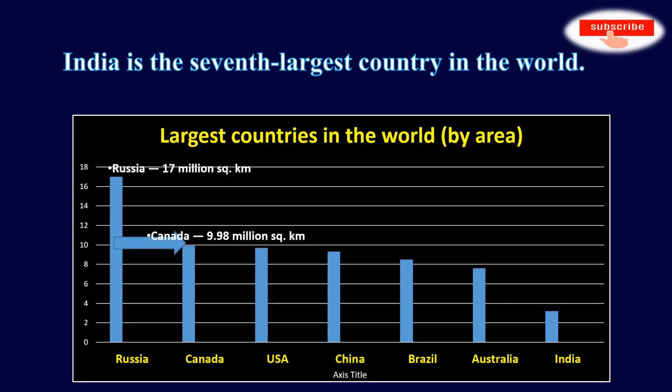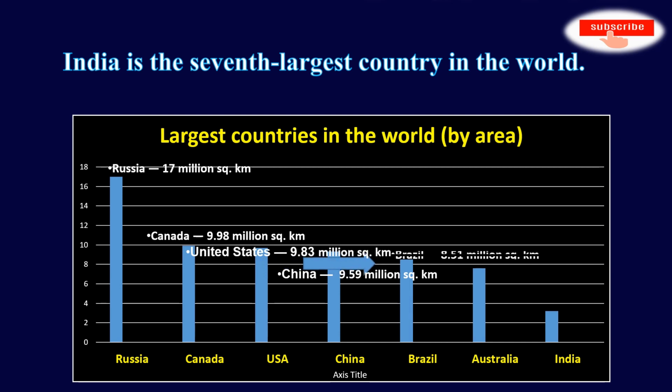And which is the 3rd largest country in the world? The USA is the 3rd largest country in the world. China is the 4th largest country in the world. Brazil is the 5th. Australia is the 6th largest country in the world area-wise. And India is the 7th largest country in the world area-wise.